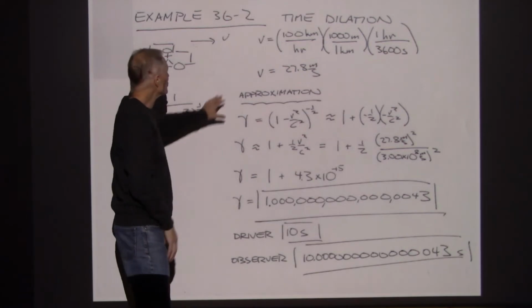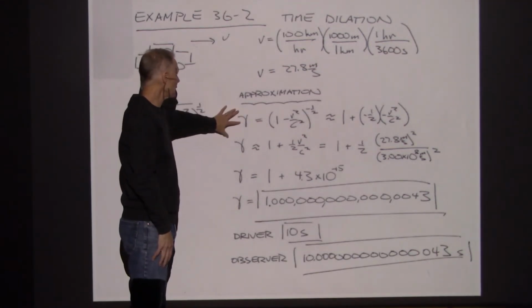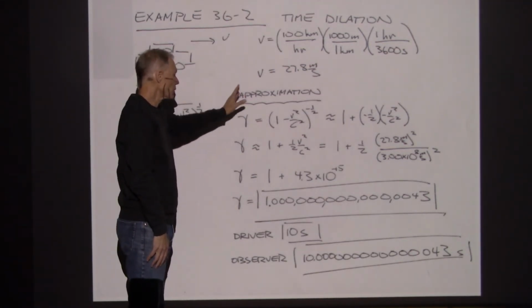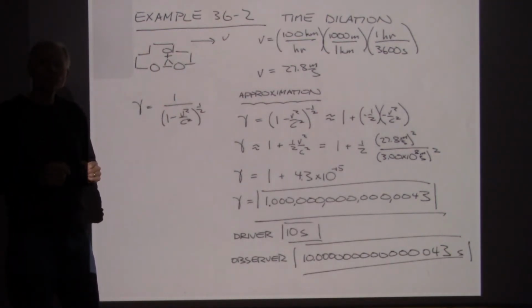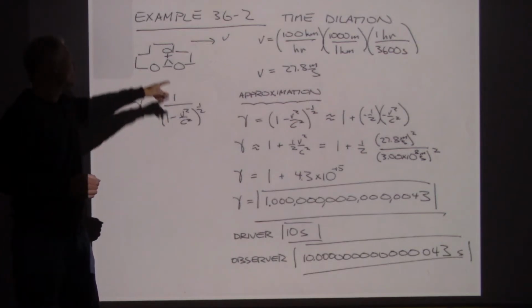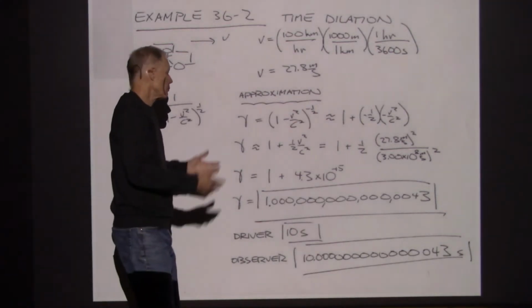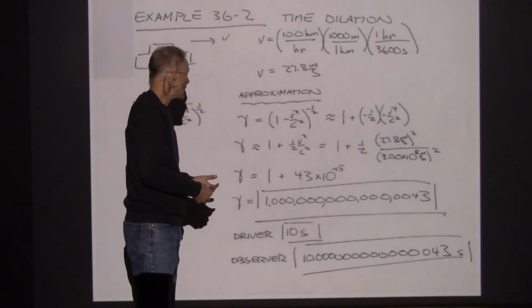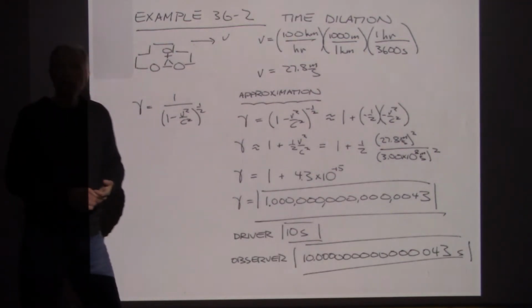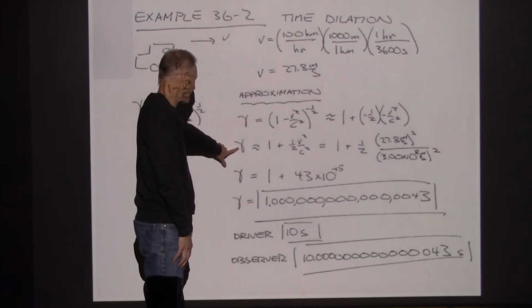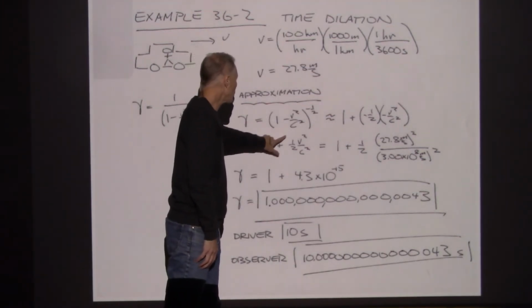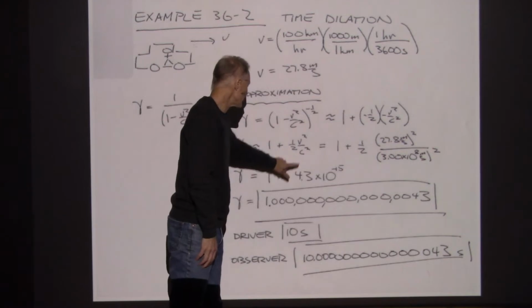So what we have to do is use what are called approximation techniques. You don't have to worry about the details of this. If the speeds are really slow compared with the speed of light, which this automobile speed is, and pretty much all of our everyday speeds are, then gamma can be approximated as 1 plus 1/2 v squared over c squared.